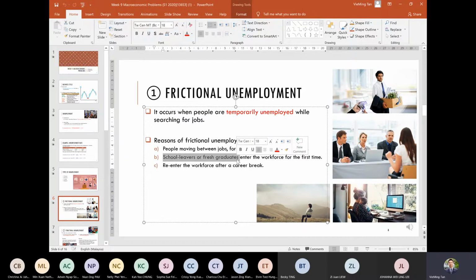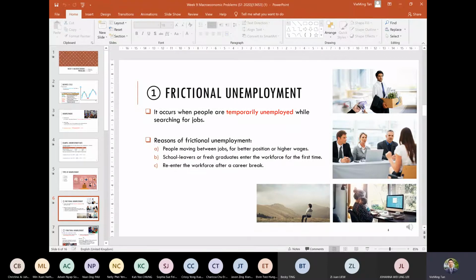That means December is considered as frictional unemployed for this student. So this is how we calculate the frictional unemployment.